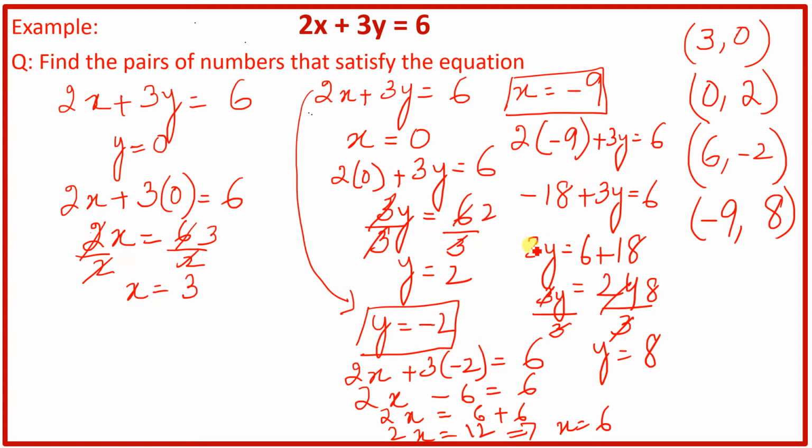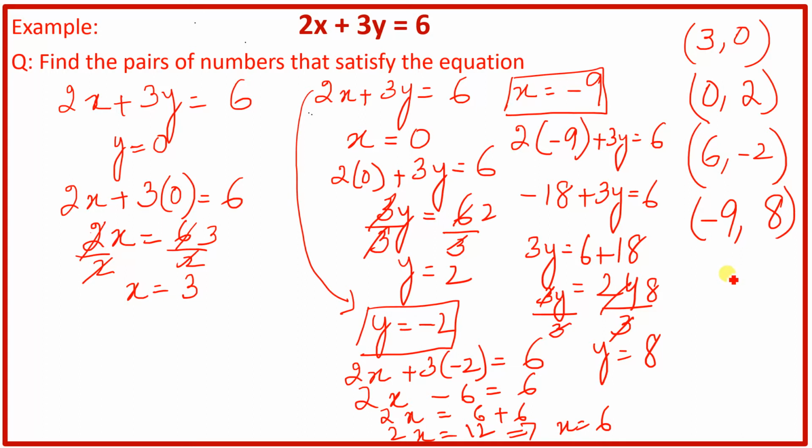But now see, substitution of some values of x and y will lead to non-integers. These are the integers: plus, minus 1, 2, 3, and so on. But substitutions of some values of x and y will lead to non-integer solutions for y or x.